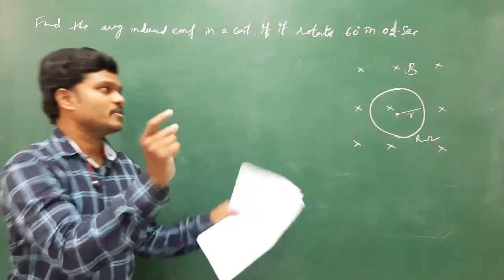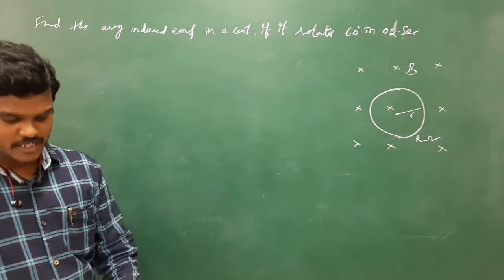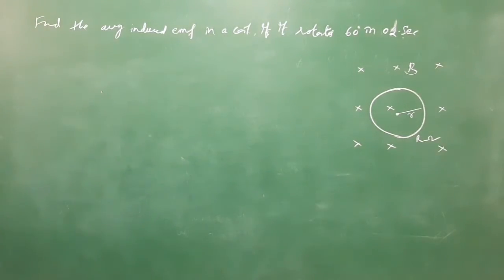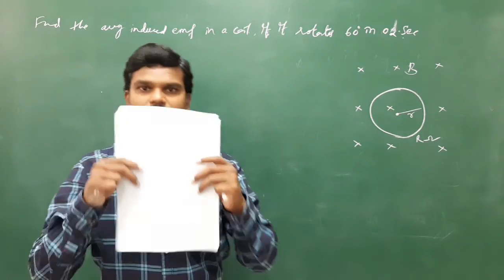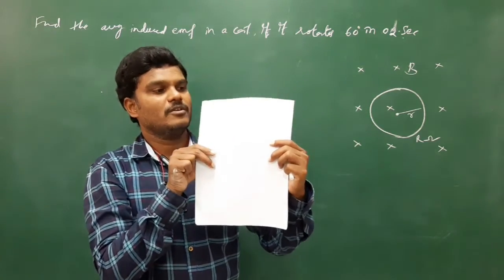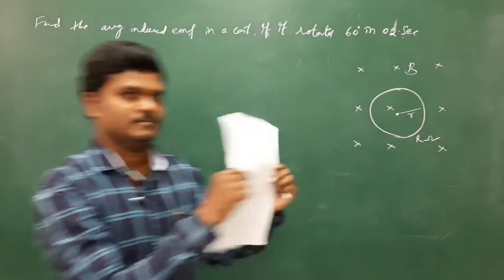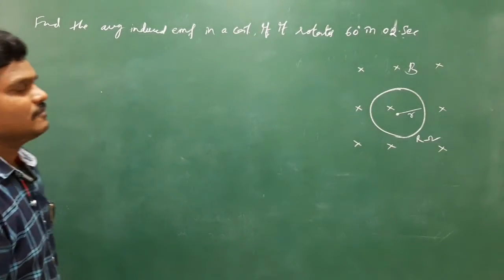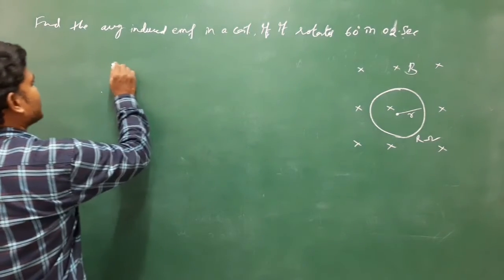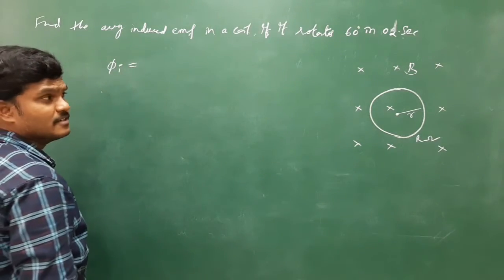Later the coil rotates some 60 degrees in any direction. So initially the coil looks like this, and the field lines are moving into the board. Later the coil rotates by 60 degrees. Let us check it. Identify the first flux. What is the initial flux? Φ initial, starting flux.